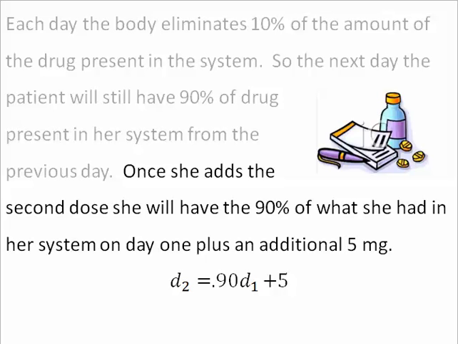Once she adds the second dose, she will have 90% of what was in her system the day before, plus an additional 5 milligrams. And so D sub 2, the amount in her system immediately after the second dose, will be 5 times 0.9 plus 5.